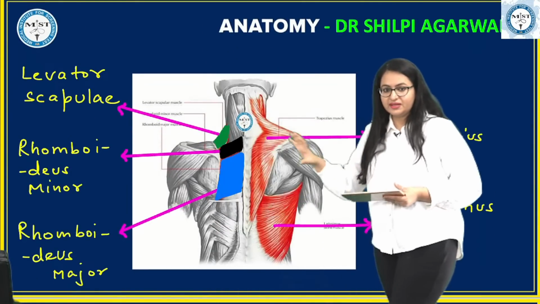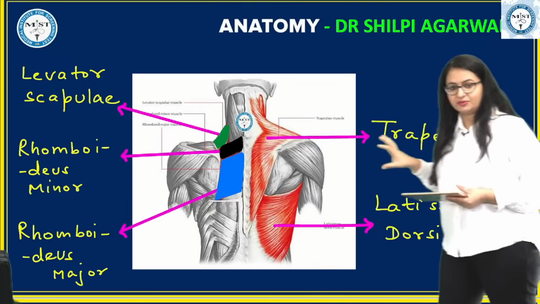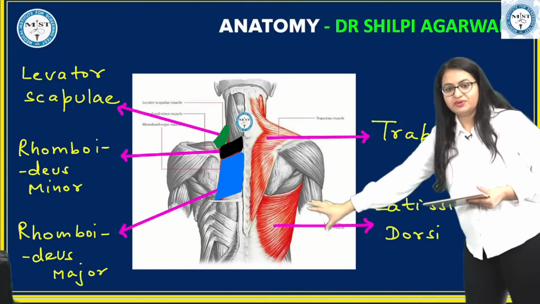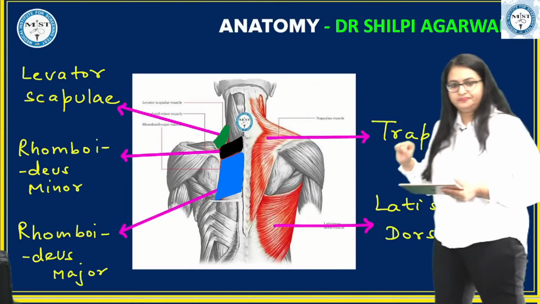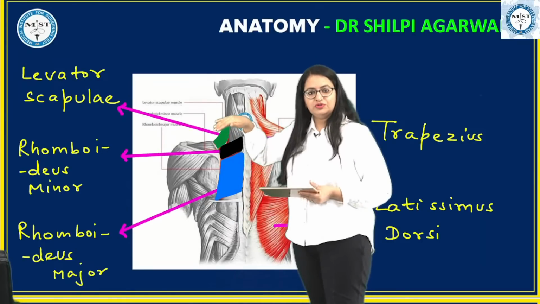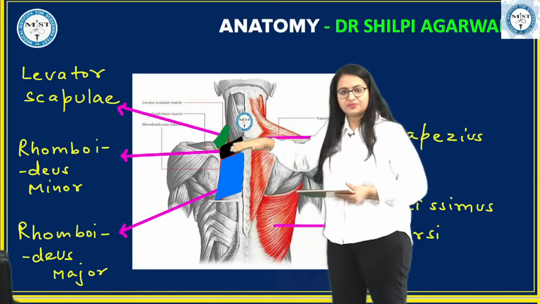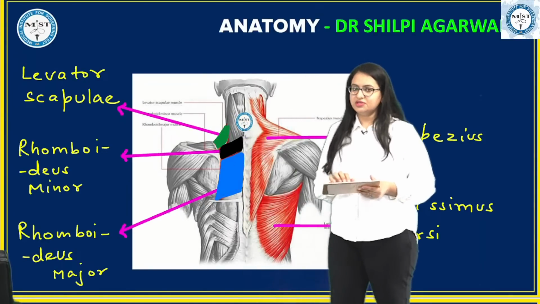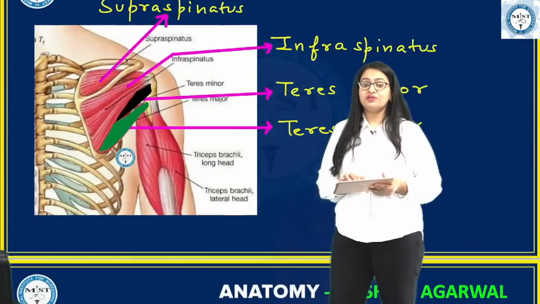Towards the back area, the big muscle on the upper side is trapezius, and on the lower side the big muscle is latissimus dorsi. When you remove the trapezius, from above to below, this is levator scapulae, rhomboid minor, and this is rhomboid major. You should be able to identify these muscles.